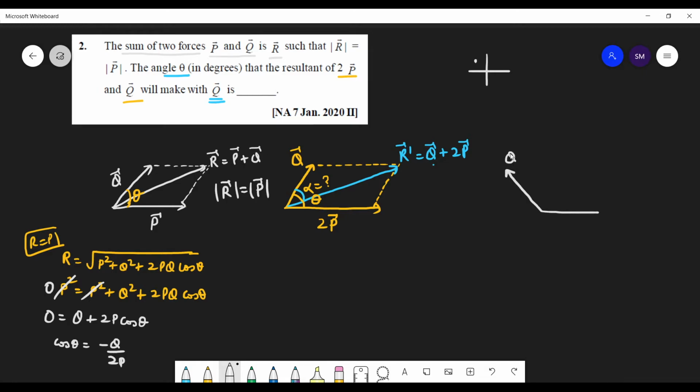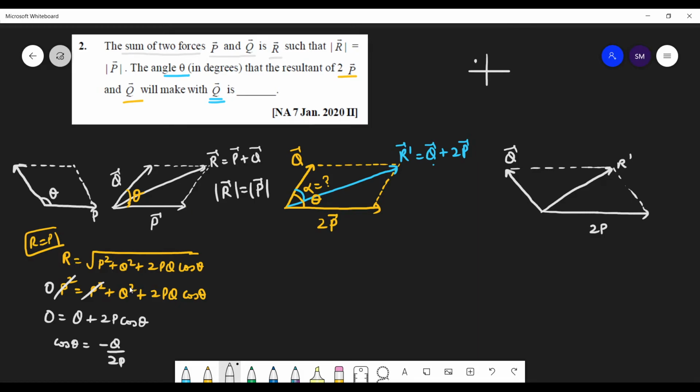So this figure should be like this. This is your Q and this is your P and then 2P. Okay. So that's your R dash. And here also, students, the correct figure is supposed to be like this. But we are finding algebraically, not geometrically, so the answer is not going to be impacted, but yes, we should draw the correct figure.